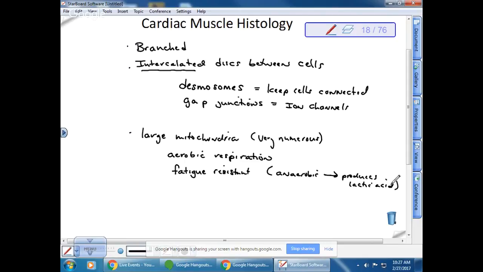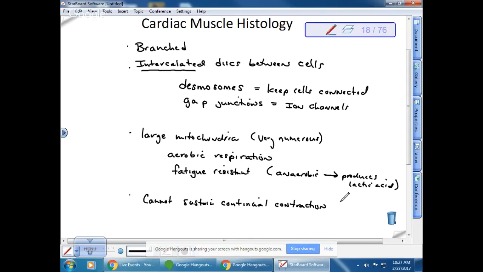Okay. The other important thing about the cardiac muscle cells physiologically is that they cannot sustain contraction, so they do not go into tetanus. They cannot sustain continual contraction like skeletal muscle can.